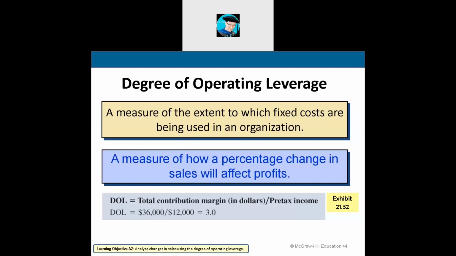That's what degree of leverage tells us in reality. So we take the total contribution margin in terms of sales dollars, and we divide that by pre-tax income, which we get from our income statement. That gives me a degree of operating leverage. Usually anything above 1 is considered good.